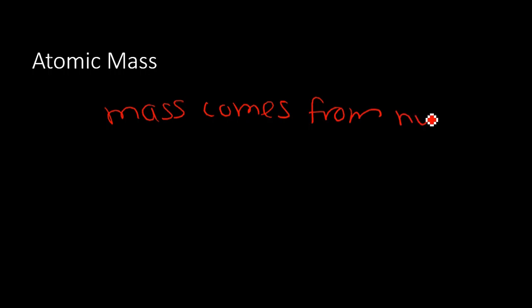Okay, the atomic mass, on the other hand, comes from the nucleus. So the mass comes from the nucleus. And you are going to see electrons not contributing a whole lot of mass, very little mass, okay?